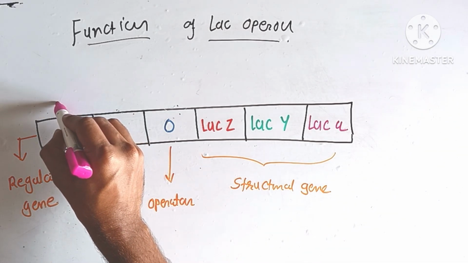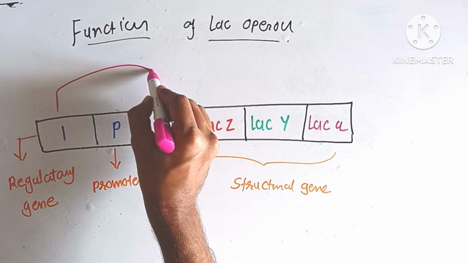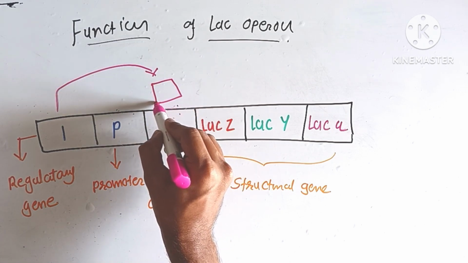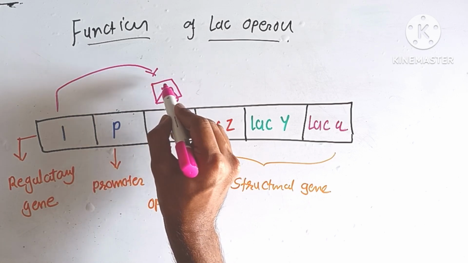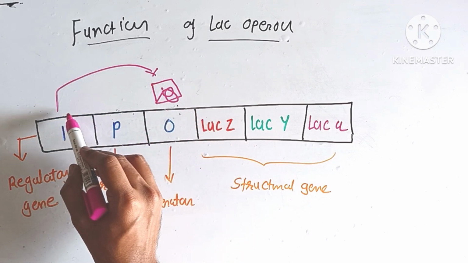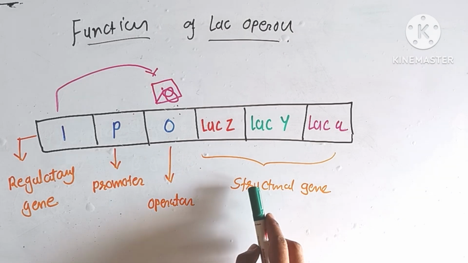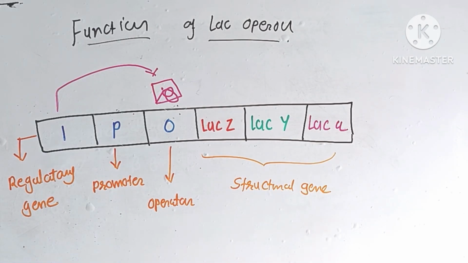Here the regulatory gene produces a protein that is known as a repressor protein, and that repressor protein binds with this operator region. Okay, so here the repressor protein is formed, and it binds with the operator region. As a result, these structural genes do not work and do not transcribe mRNA, and if these structural genes are not working, mRNA is not transcribed.